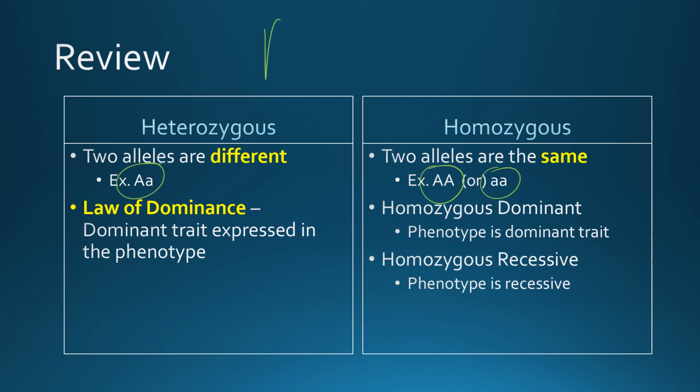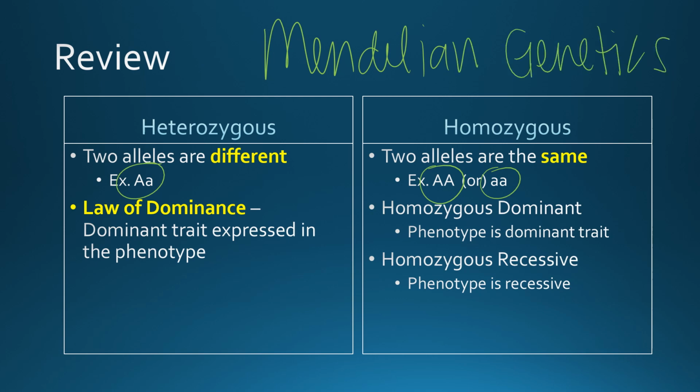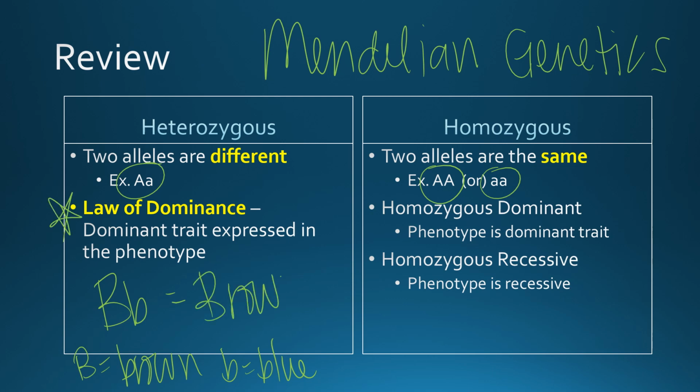So based on Gregor Mendel's interpretation of heterozygous and homozygous, if we have an individual who is big B, little b for eye color, and let's say that big B is brown and little b is blue, based on the law of dominance, we are going to have brown eyes.